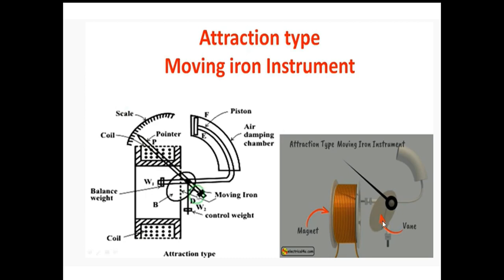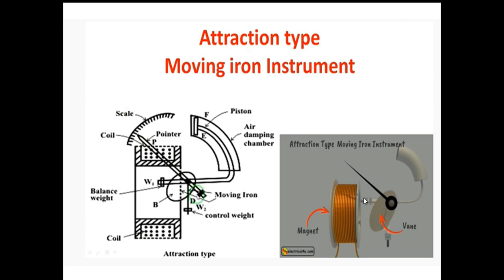Here the soft iron piece will move towards the magnet depending on the magnetic field produced by the current carrying coil.